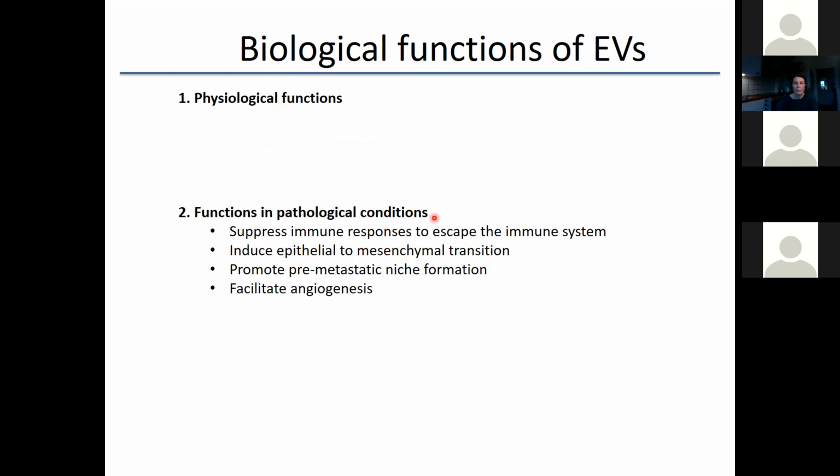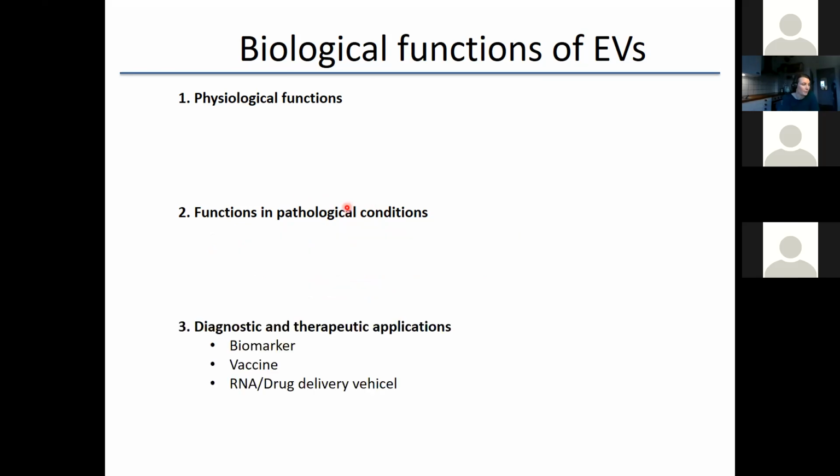So, for example, tumor-derived vesicles can suppress the immune responses to escape the immune system. They can promote the pre-metastatic niche, and they can facilitate angiogenesis. So this is a big field, but here we are also interested in the vesicles during airway diseases.